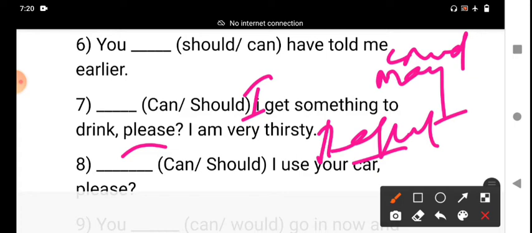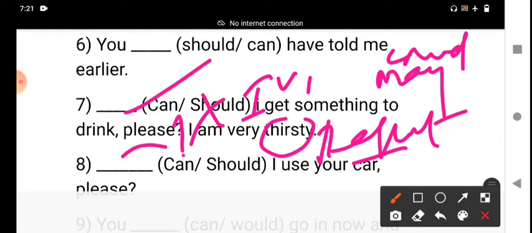In the request we should not use should. We should use can. Can I get something to drink please? I am very thirsty. Thirsty is an adjective. Can I get something? Get is a V1 verb. It is a modal verb question. It is a yes or no type question, that's why we keep the question mark in this place.